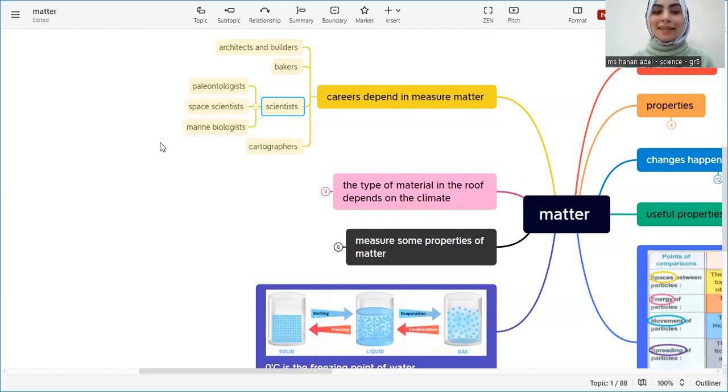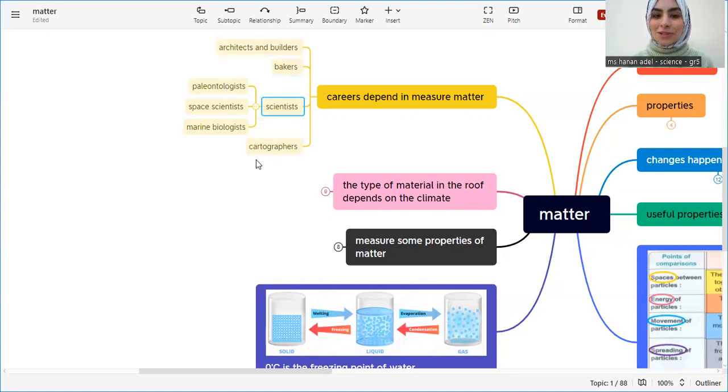And the next one, the marine biologist, who studies the organisms inside the ocean. For example, they study or measure the speed of sound of dolphins and whales and marine organisms. This is just one example, but of course they do a lot of things in measurement.